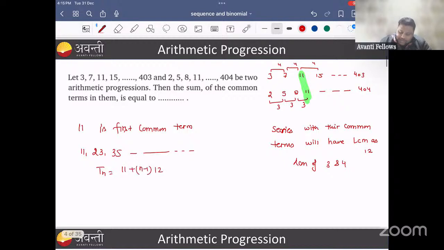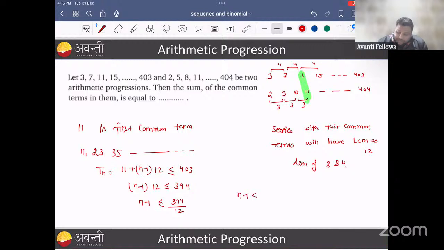And definitely it has to be less than 403. Why? Because the maximum we can have a common term is 403. So that means (n minus 1) into 12 is less than or equal to 403 minus 11, which is 394. So n minus 1 is less than or equal to 394 upon 12.